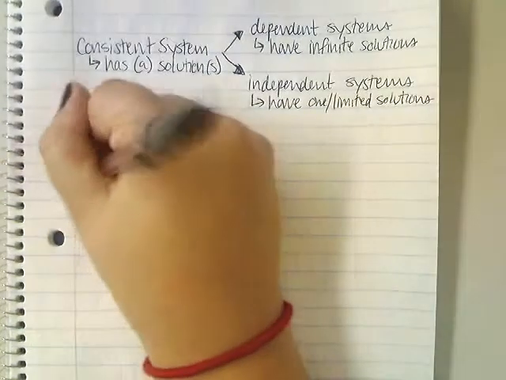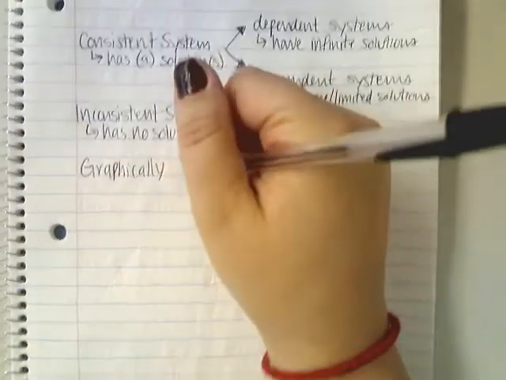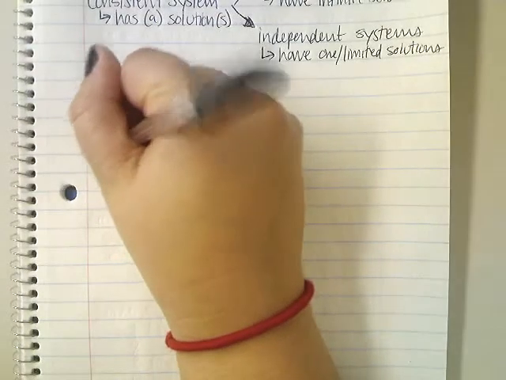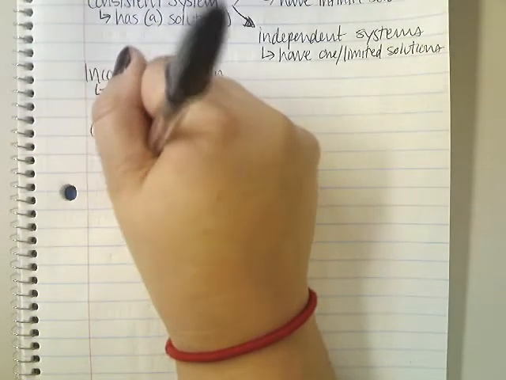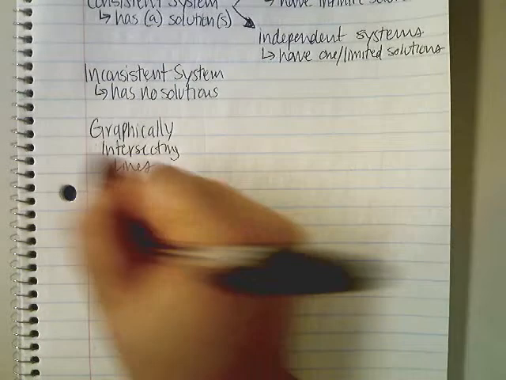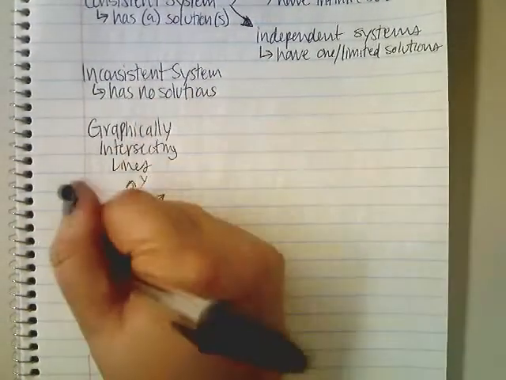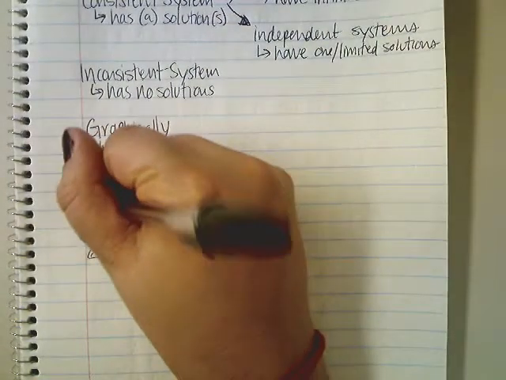And then graphically, let's talk about what these different systems will look like. If we have intersecting lines, so if I just do a little sketch here, we have our X and Y axis. If I have a line here and a line here, they intersect once.